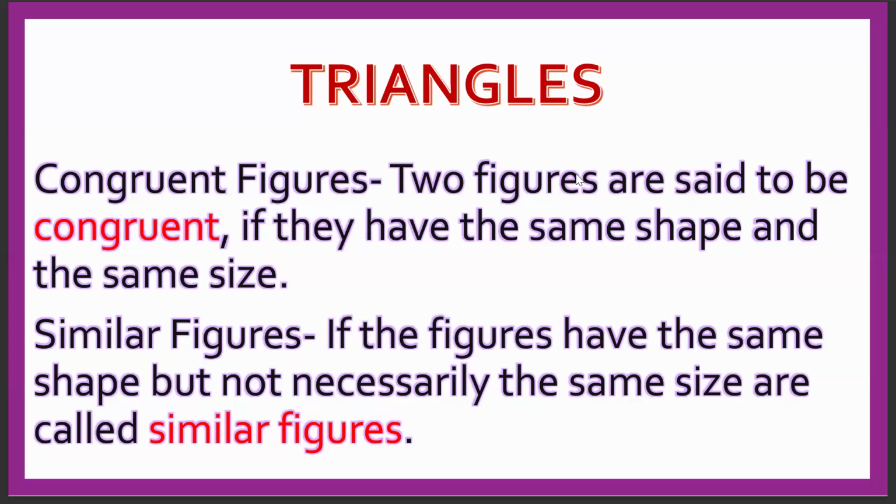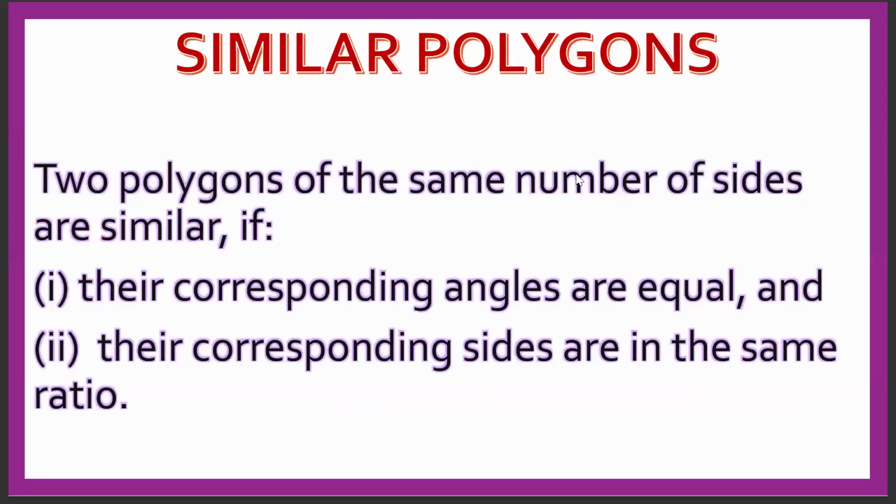But similar figures are figures that have the same shape but not necessarily the same size. This is the main difference between the congruency and the similarity of any figures. Two polygons with the same number of sides are similar if their corresponding angles are equal and their corresponding sides are in the same ratio.